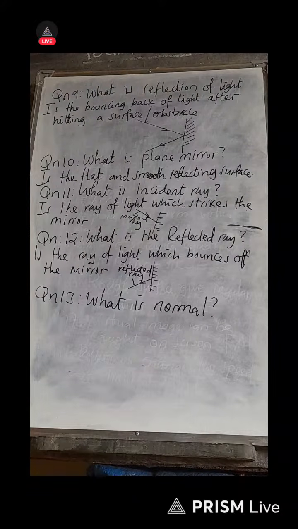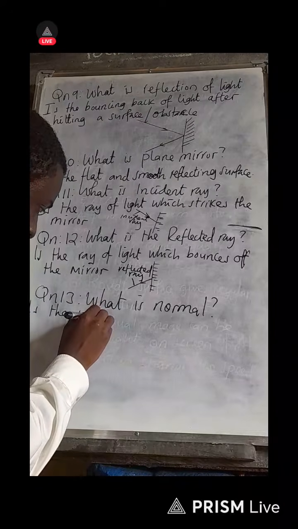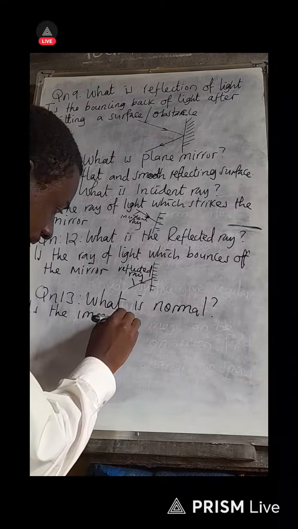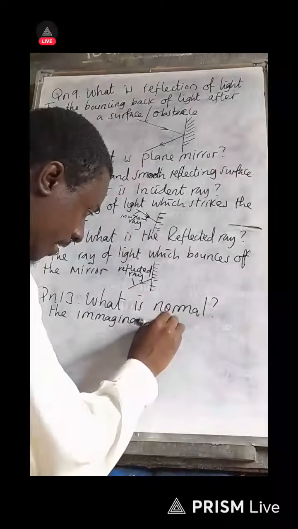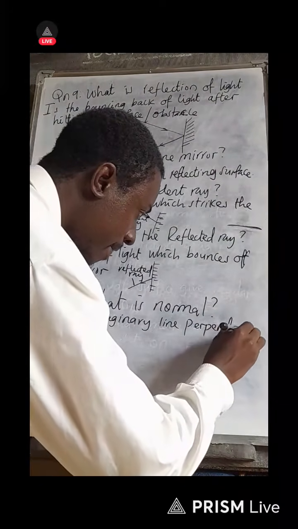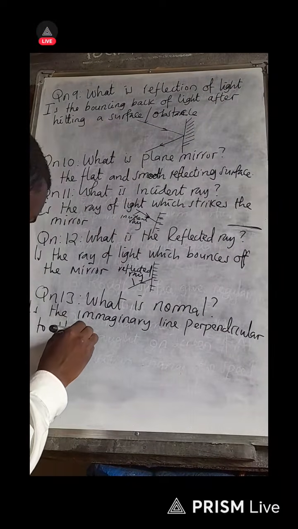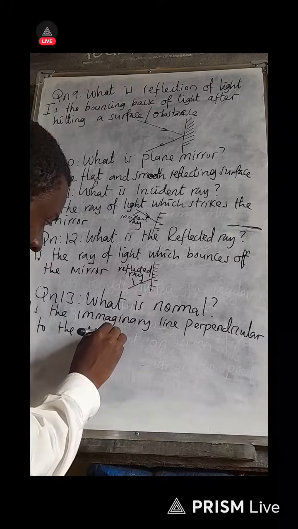Yeah, thanks. Normal, we say, is the imaginary line perpendicular to the mirror surface.